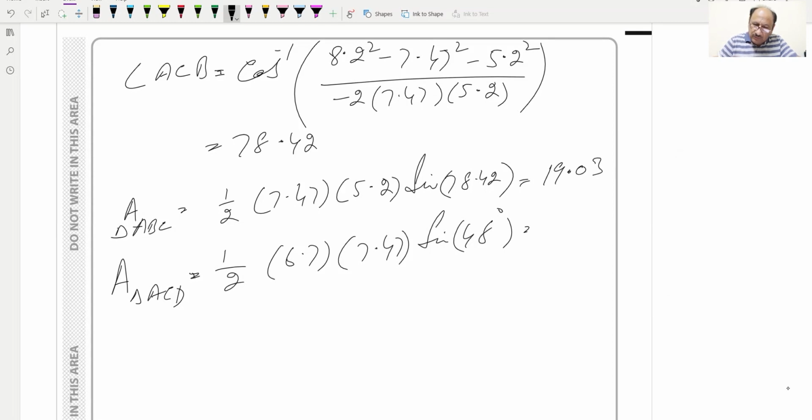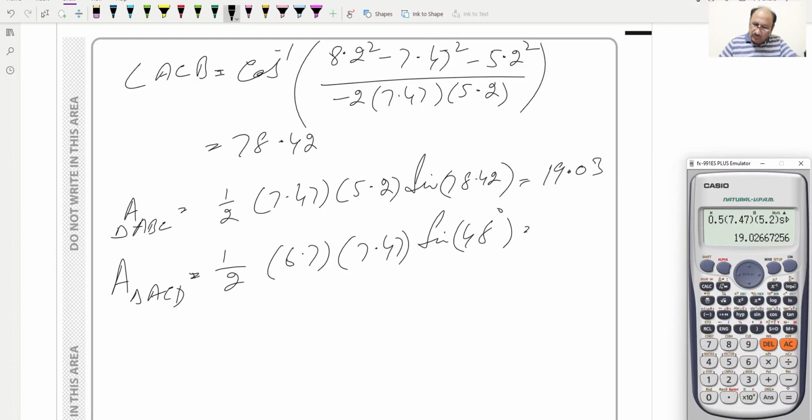For the other one, we write 1 by 2, 0.5 into 6.7 into 7.47 into sine of 48, and this will be equal to 18.59, or 18.6.